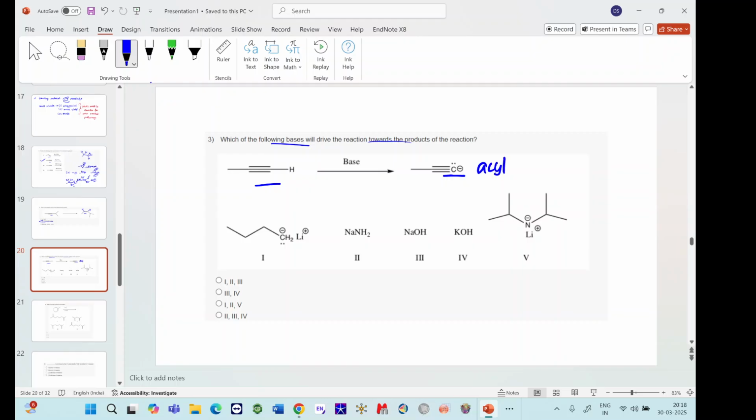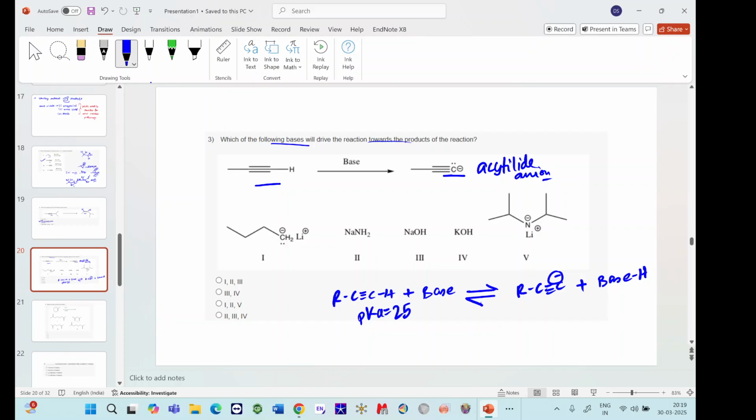So when you consider this one, you have RCCH plus base giving RCC minus plus base-H. You have to consider the pKa.